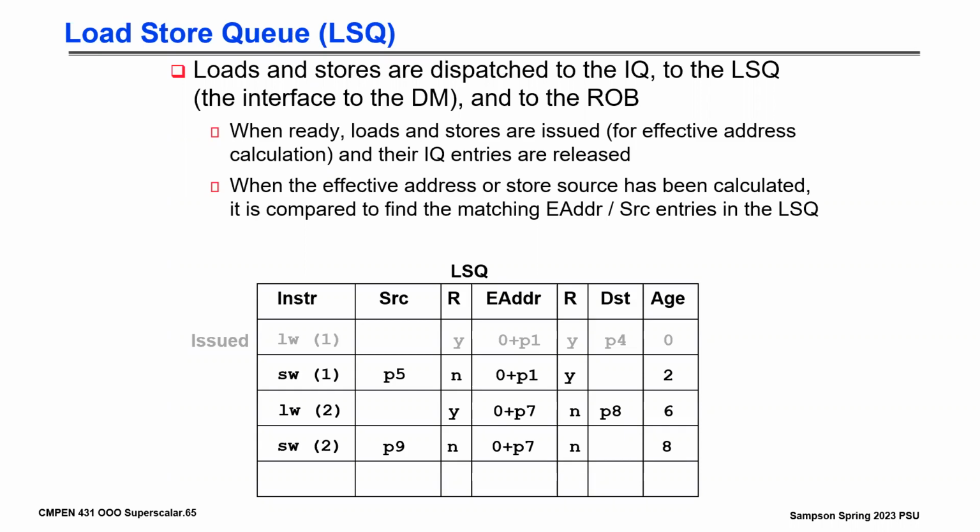If there is a store that is older than me, and it goes to the same address that I am going to, then I need to make sure that these writes appear in the order that they are supposed to have occurred in the original program.